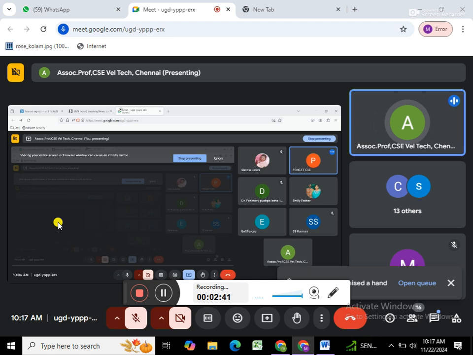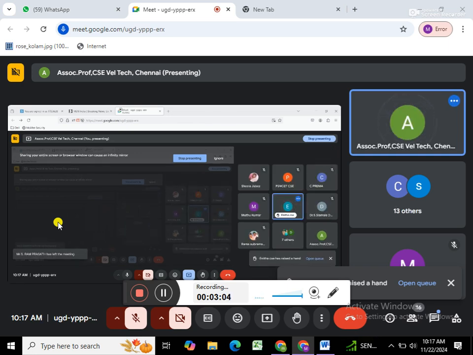Excuse me, sir. The screen is not visible. Only the empty screen is there. The screen is visible, but the content is not displaying.